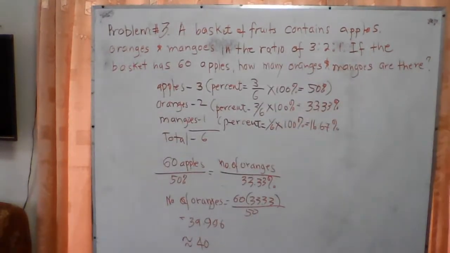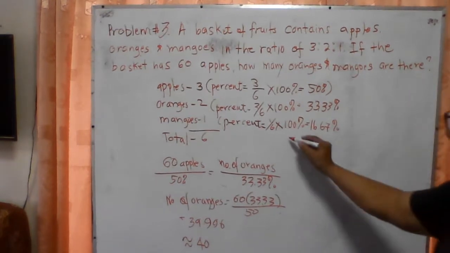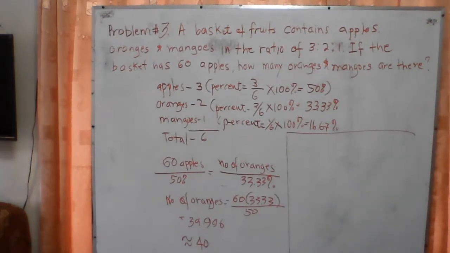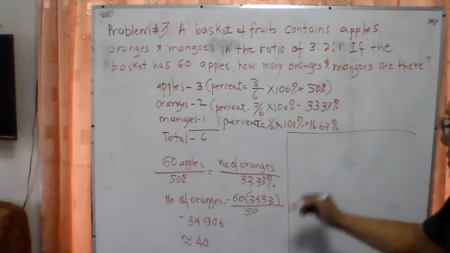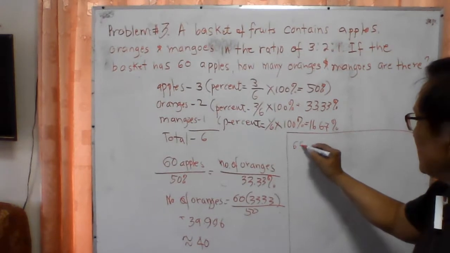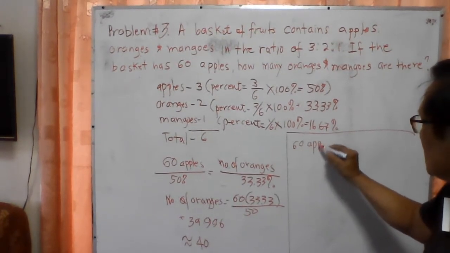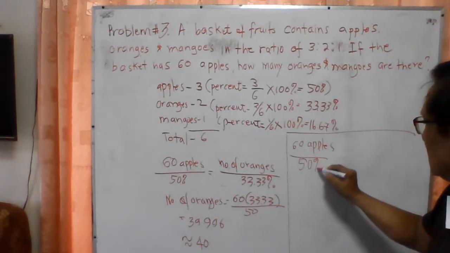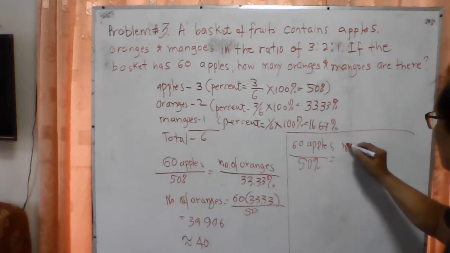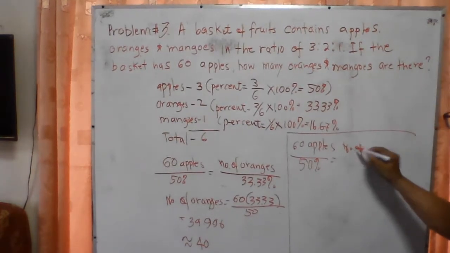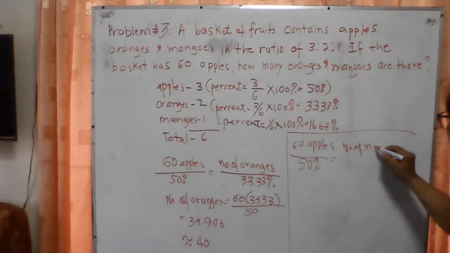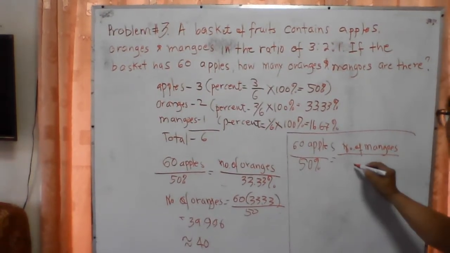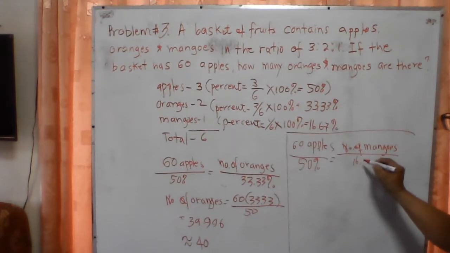Now, next thing is we compute for the number of mangoes using the same ratio and proportion. 60 apples is to 50% as the number of mangoes is to 16.67%.